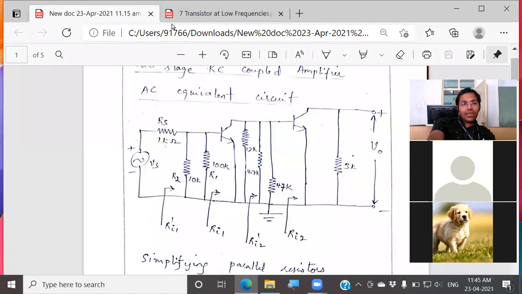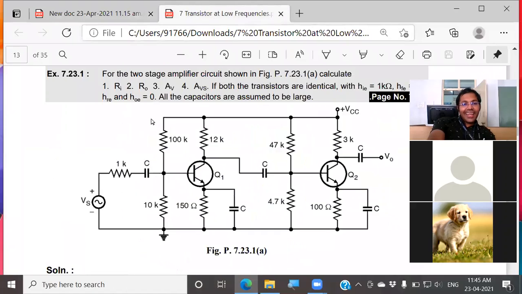Next, if I replace VCC by ground, then this 10K is also starting from base to ground. This 100K is also starting from base to ground. So both this 10K and 100K will be in what? Answer fast, please.